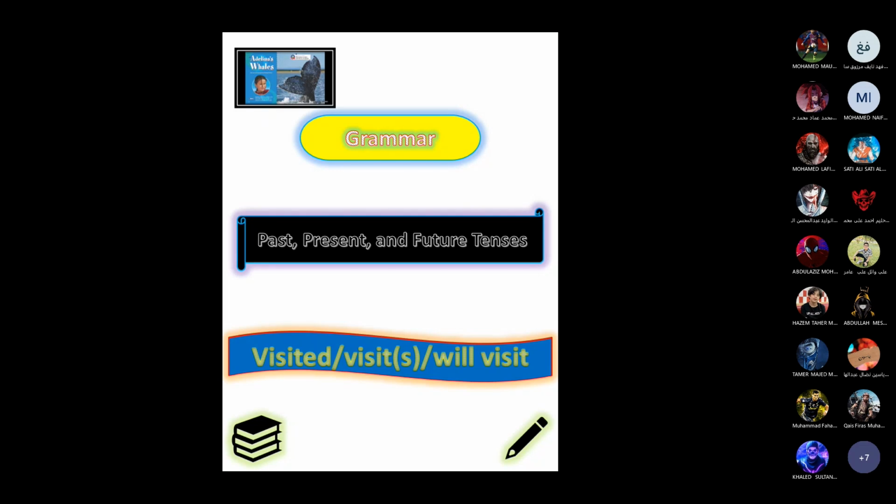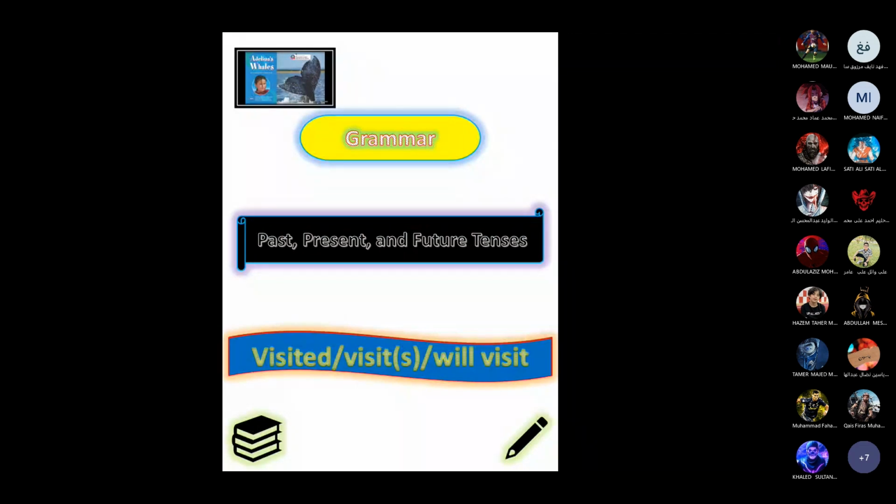One is ordinary, you just add ed at the end of the verb to form the past. And the second one is unusual, so you change the spelling of the verb to change its form.